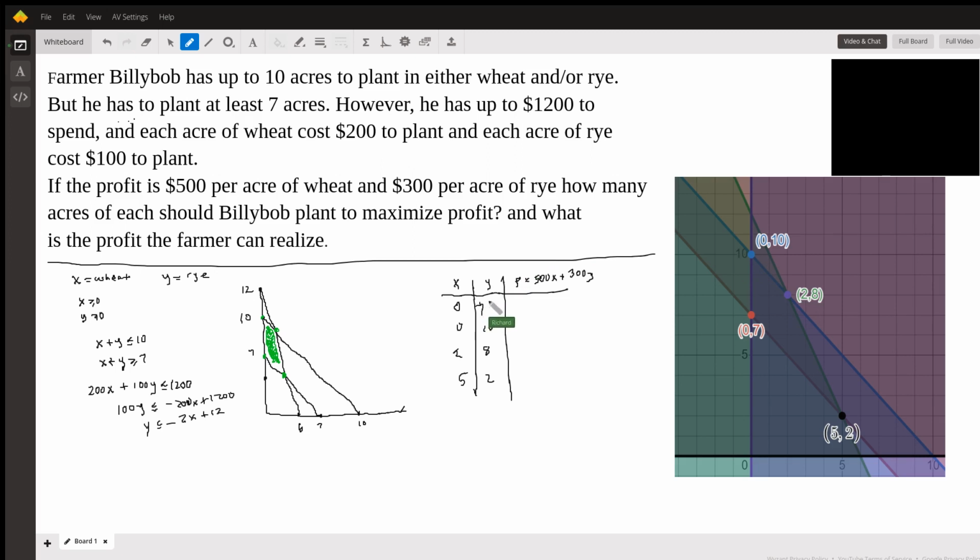Okay, so let's go and plug this in. So we're going to have 2100 here, and then 3000 here. Now 2 times 500 is 1000. 8 times 300 is 2400.